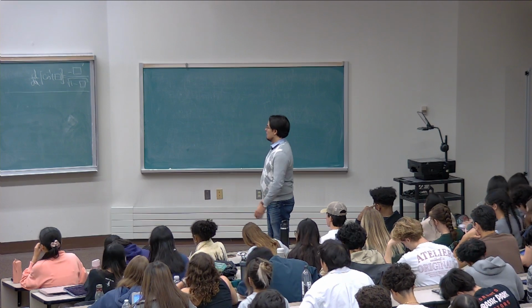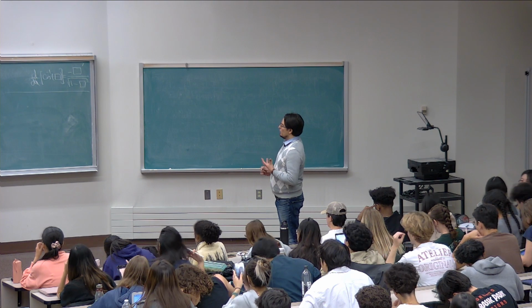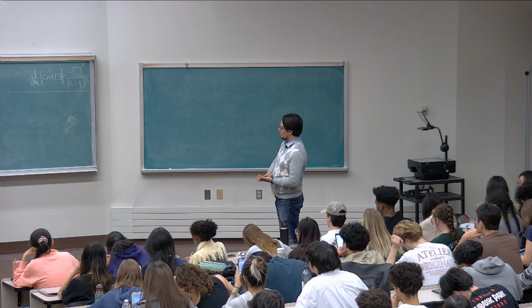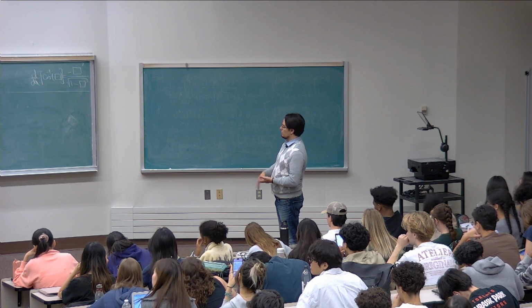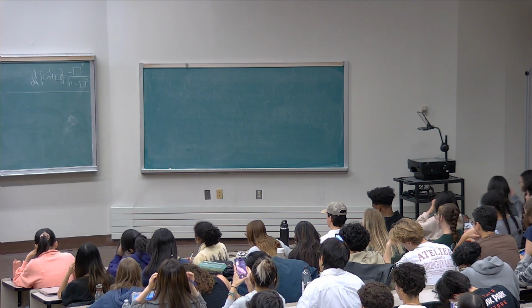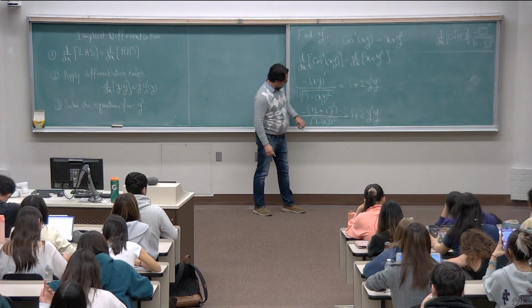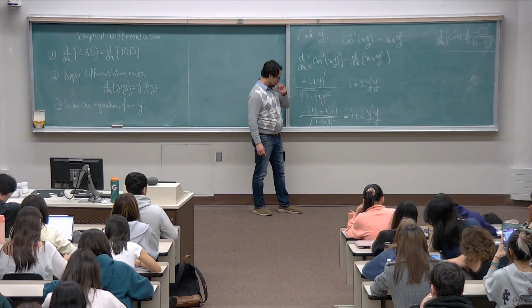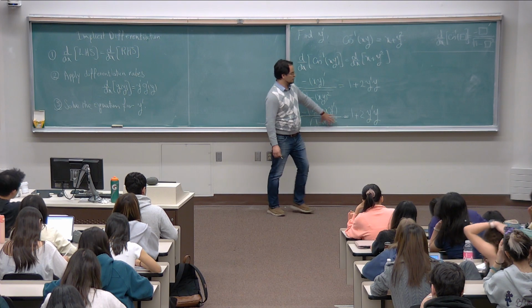Now, I'm done with the differentiation, but I have to now isolate y prime, or solve the equation for y prime. In other words, I have to put all the terms which have y prime on one side and take all the other terms to the right-hand side. Here, I have y prime here, so I have to separate this from y prime. I know that most of you will multiply this there.